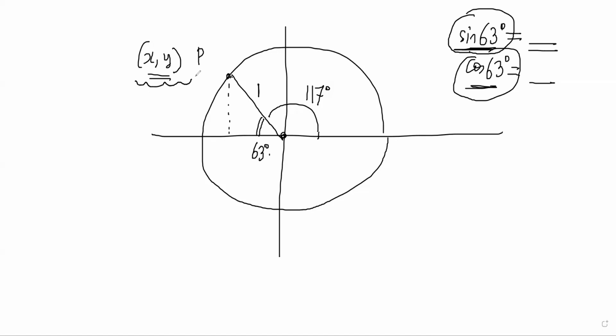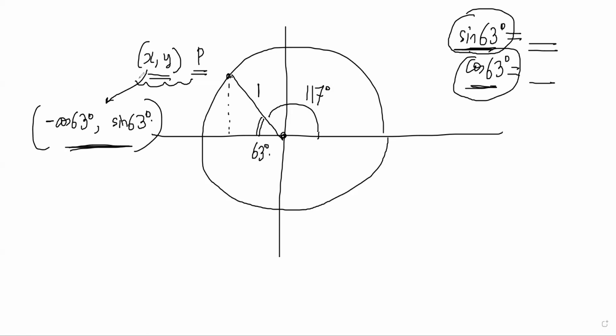X and y coordinates of point P will come in terms of what? Yes, sir, in sine terms. So the x coordinate will be minus cos 63 degrees and plus sine 63. These are the values that will come, right? Yes.